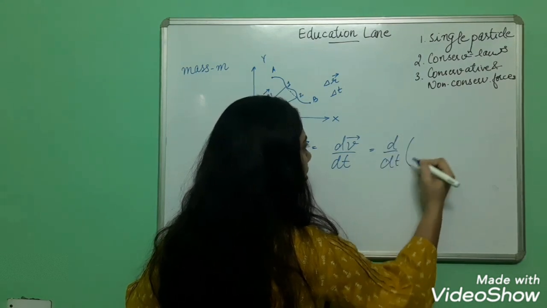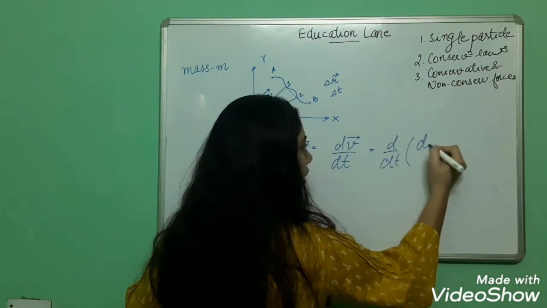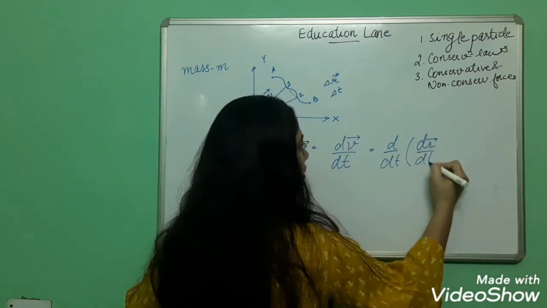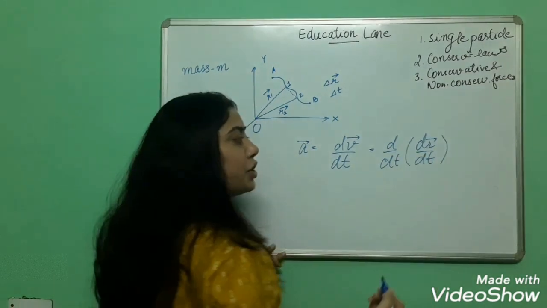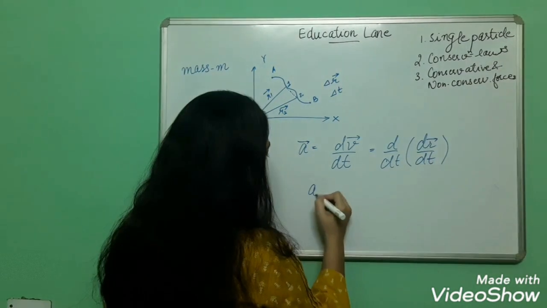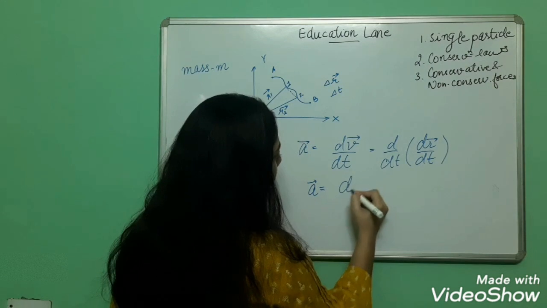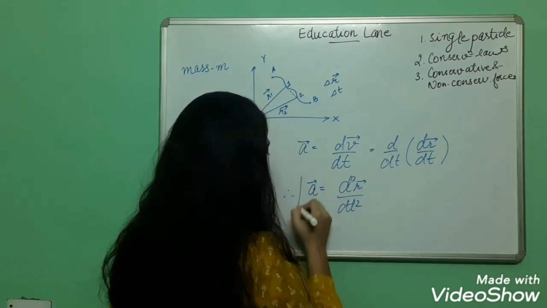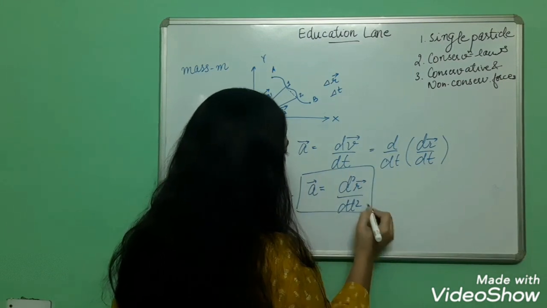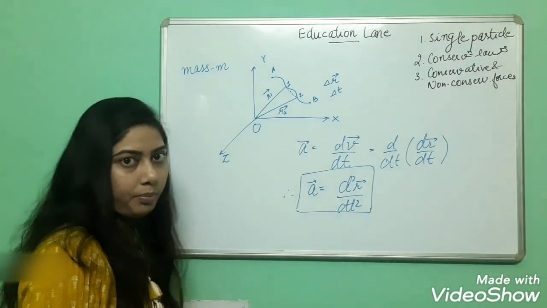From the previous equation, velocity was the change in position vector with respect to time. I can write my acceleration as d2r by dt2. So this is my acceleration for a single particle.